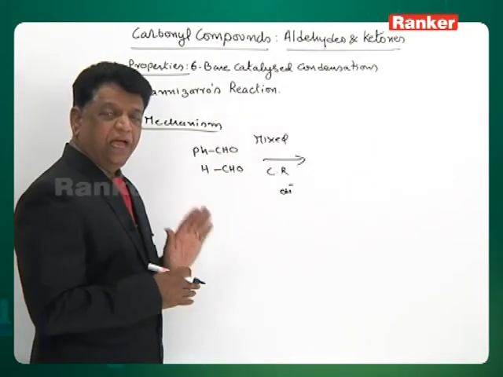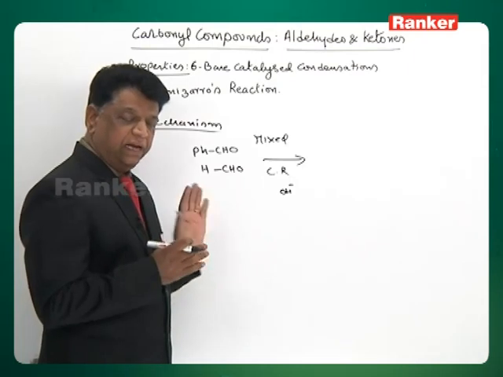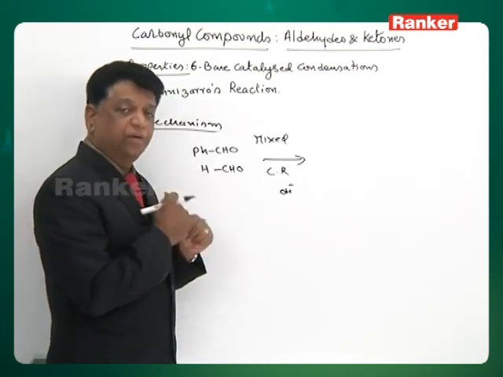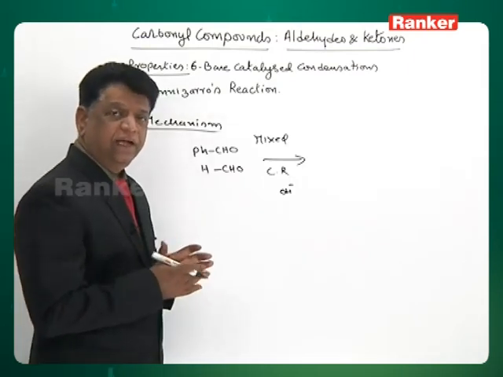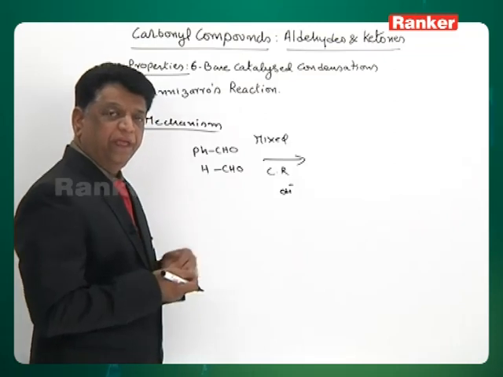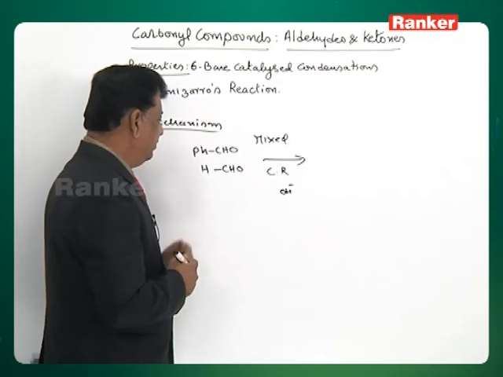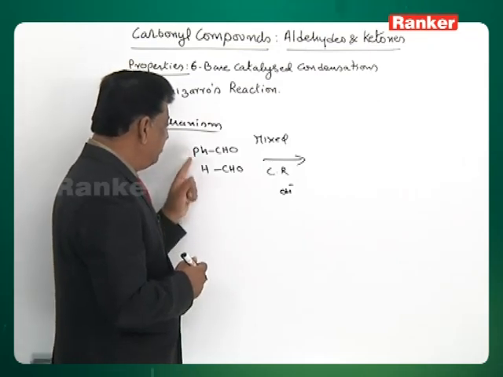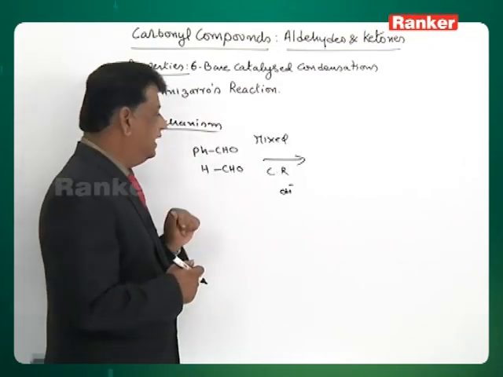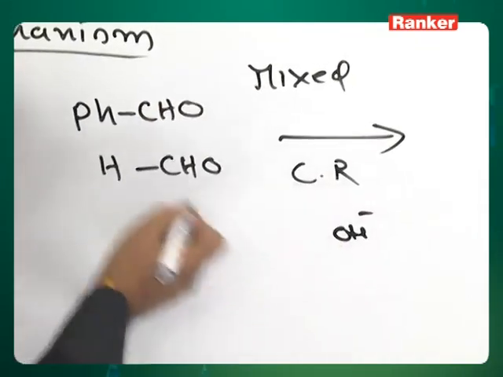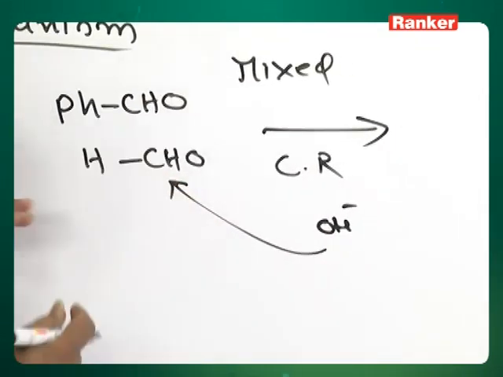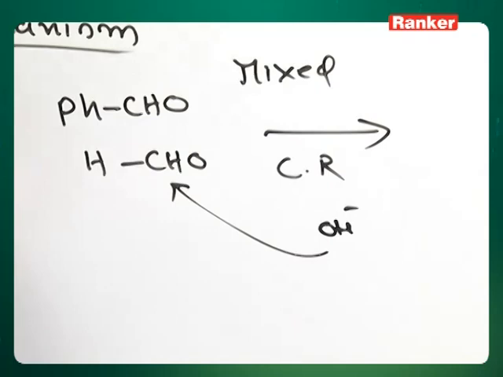When comparing aldehydes and ketones, aldehydes are more reactive. Within the aldehydes, aliphatic are more reactive. Within the aliphatic, the small one is more reactive than the big one. Based on that, one is aromatic, one is aliphatic, so the aliphatic one comes first. So, OH minus first attacks the aliphatic one, therefore this undergoes oxidation, and that undergoes reduction.